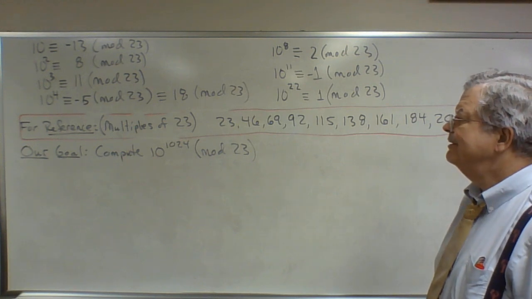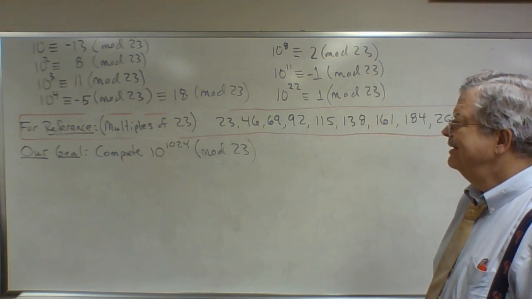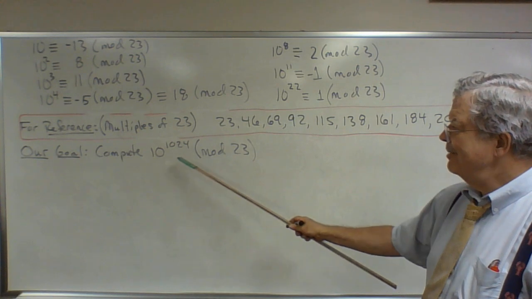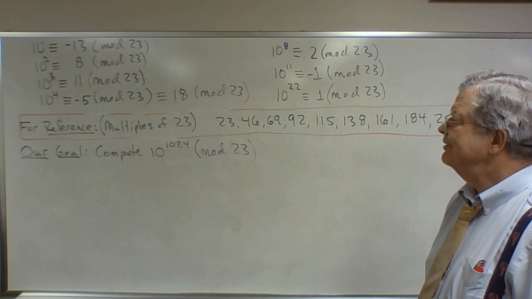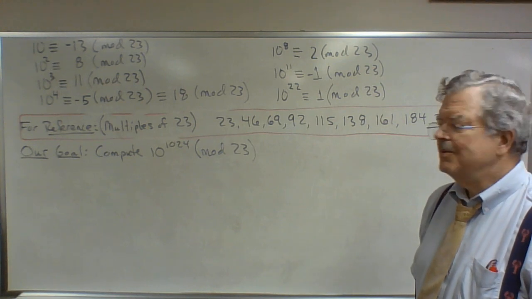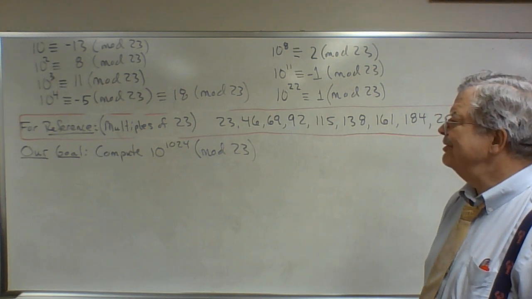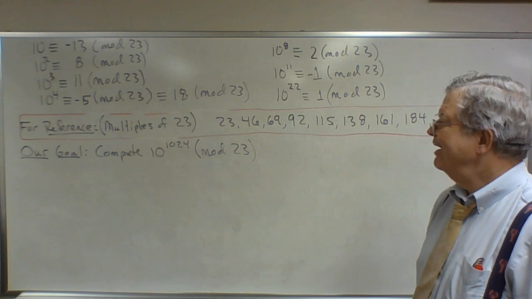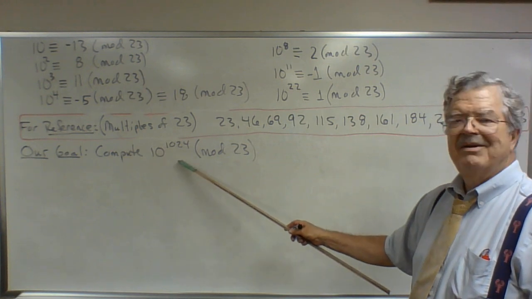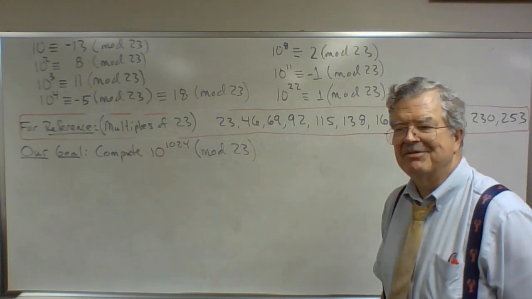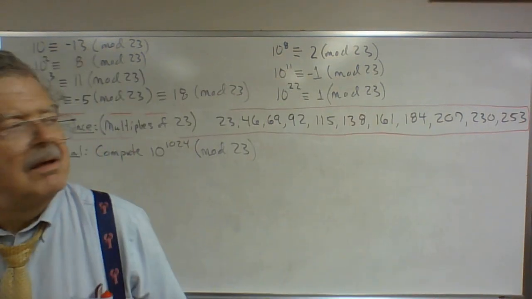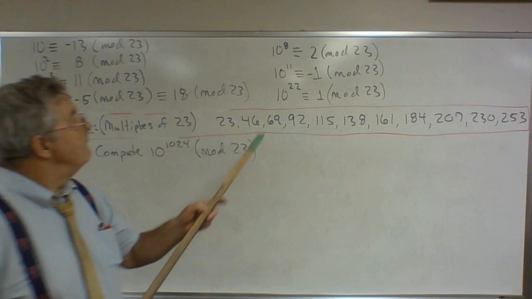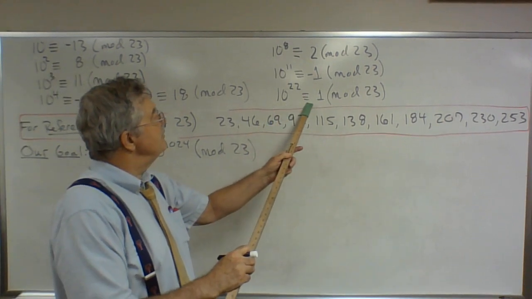And this is a number, oh my goodness, equal to the number of atoms in the known universe raised to the 100th power or something. Huge number. But I know that 10 to the 22nd is 1.